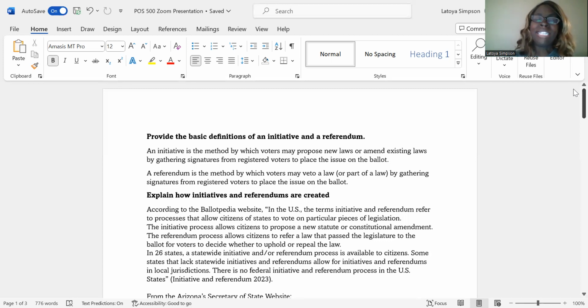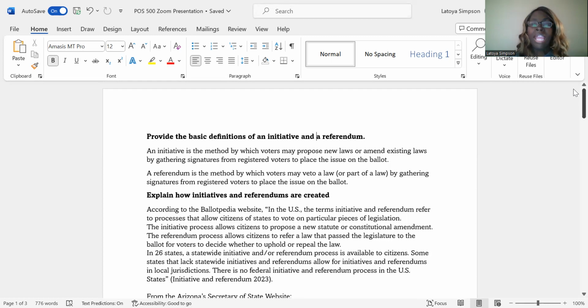Provide the basic definitions of an initiative and a referendum. An initiative is the method by which voters may propose new laws or amend existing laws by gathering signatures from registered voters to place the issue on a ballot.